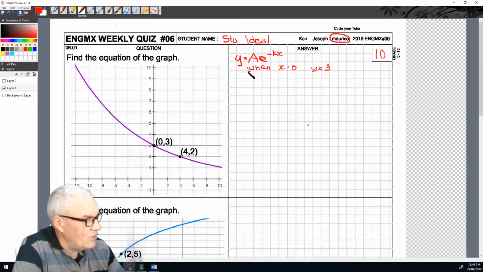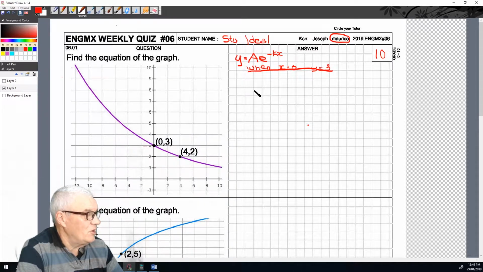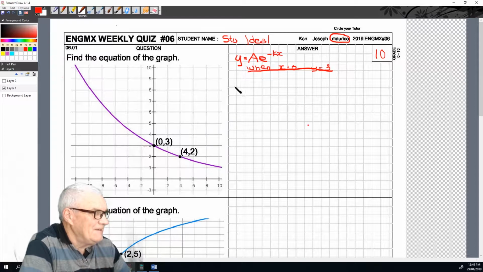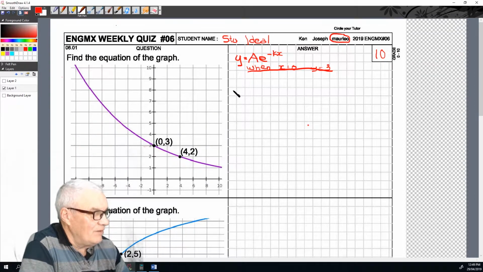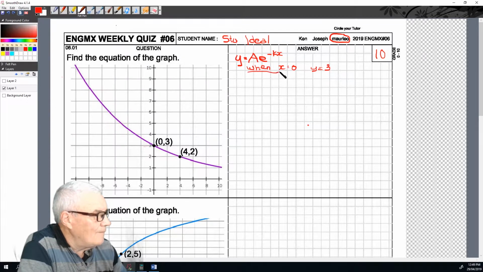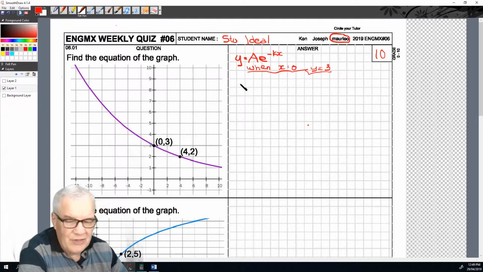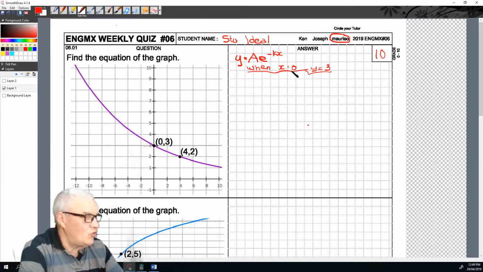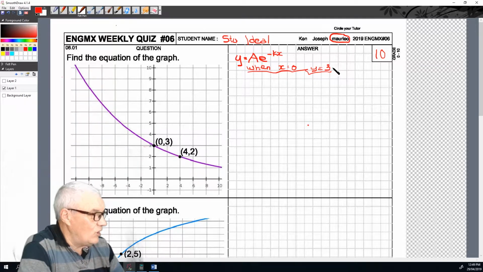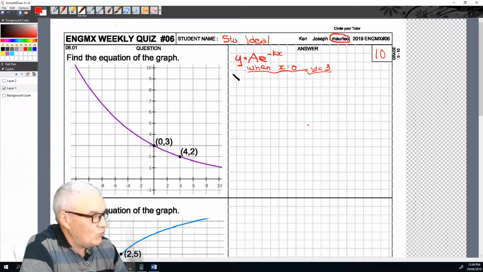So now we can substitute 0 for x into the equation, and 3 for y.